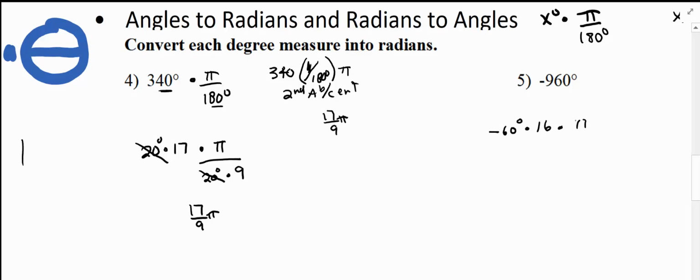And then pi over 180. And 180 is 60 degrees times 3. Well, the 60s cancel. That's a negative 60, so that leaves a negative 1. And what you end up with is negative 16 pi thirds.